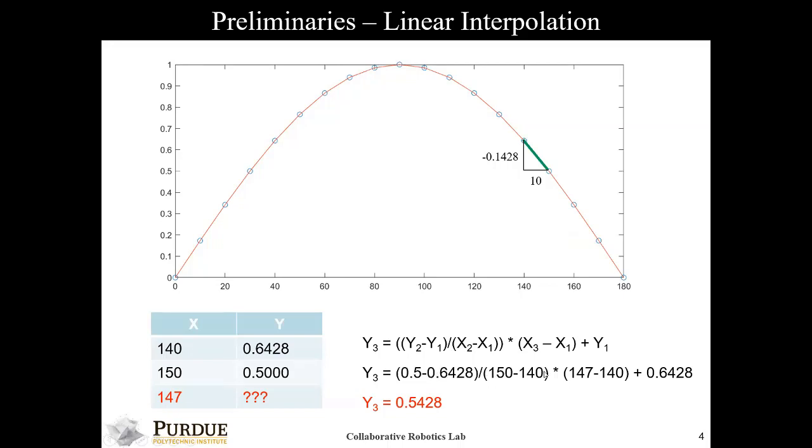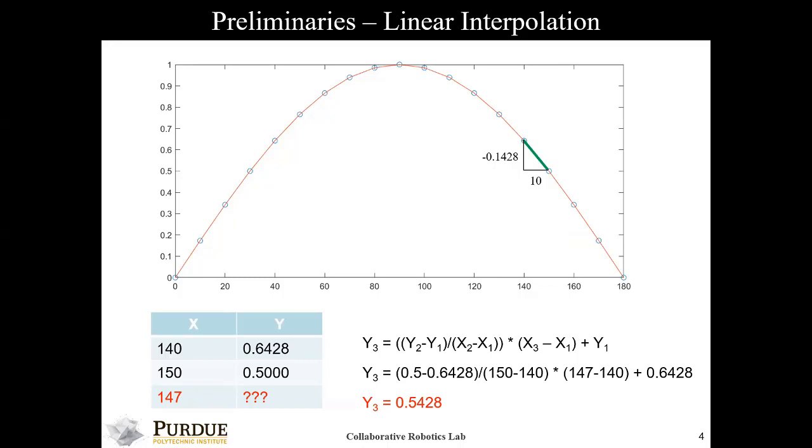We just plug those numbers in and do the math, and the Y value at 147, taking a linear interpolation between the 2 points, is 0.5428.